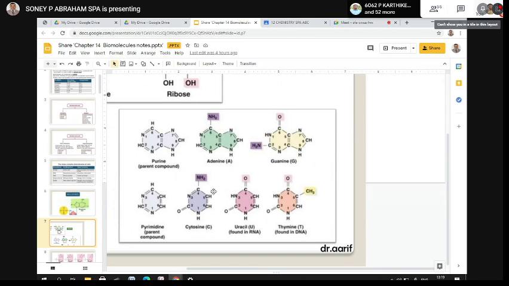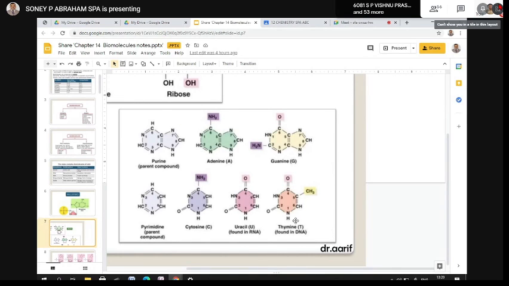At the 4th carbon a carbonyl group, the 2nd carbon another carbonyl group, and at the 5th carbon a methyl group, it becomes thymine. So these are the 5: adenine, guanine, cytosine, uracil, and thymine. These are the 5 nitrogen bases, or simply called bases.